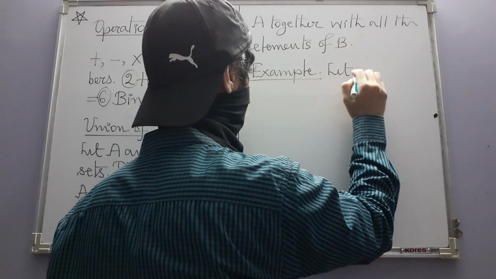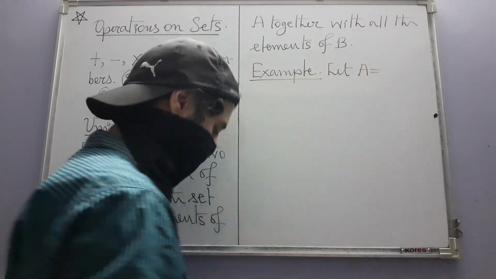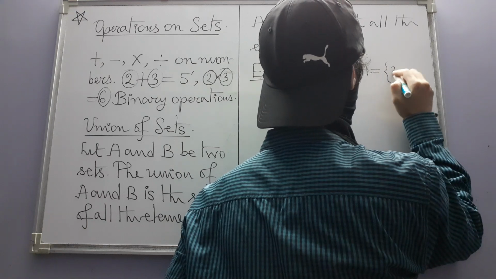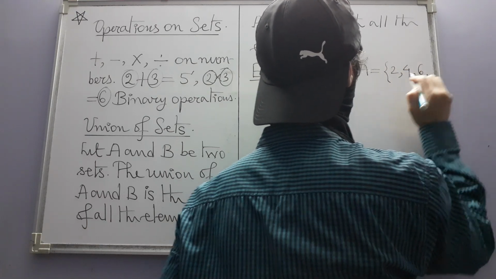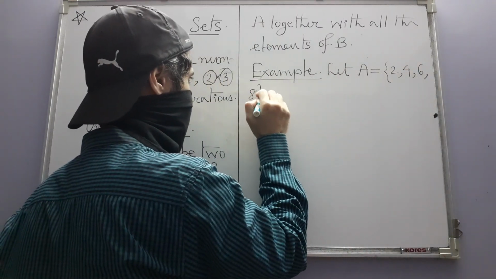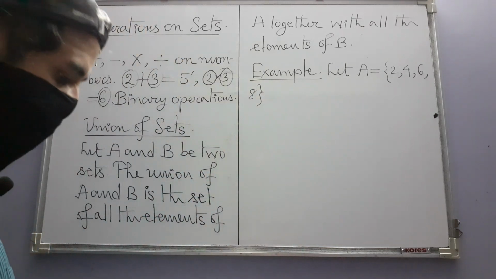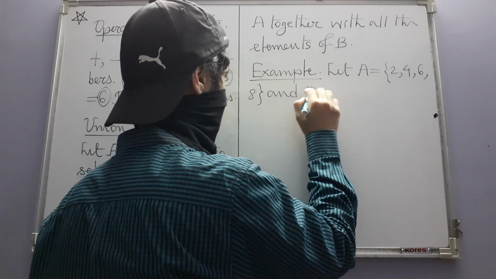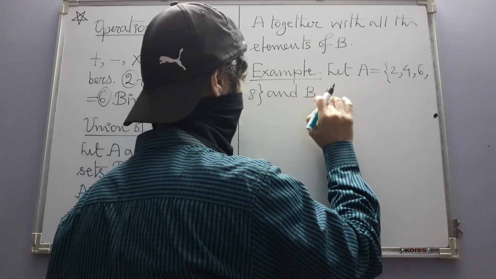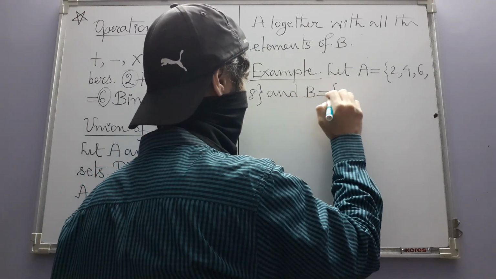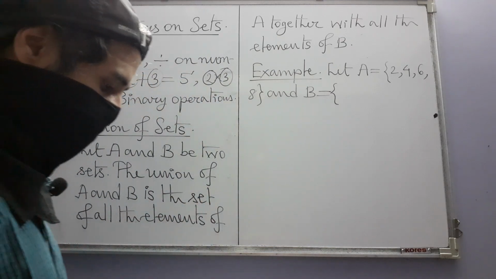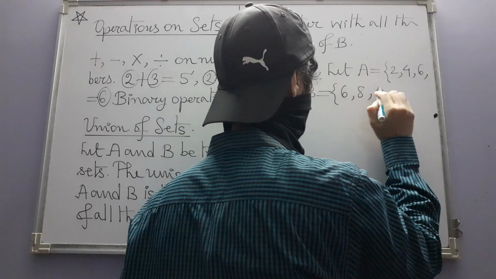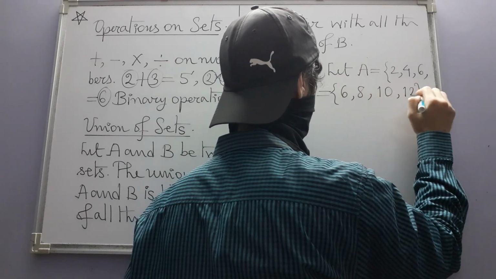Let A be the set whose elements are 2, 4, 6 and 8. These four natural numbers. And B be the set of these numbers 6, 8, 10, 12.